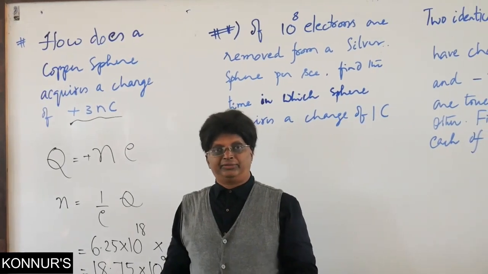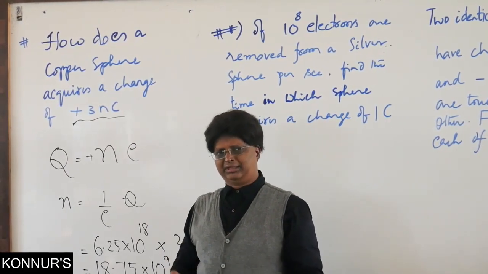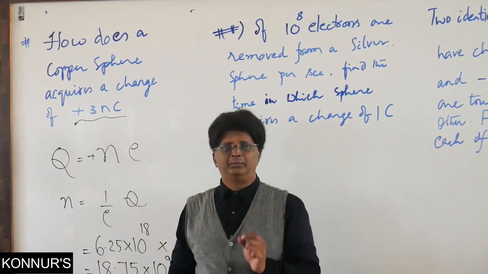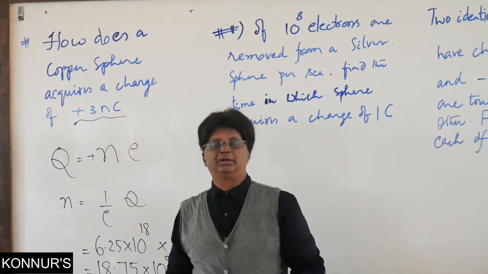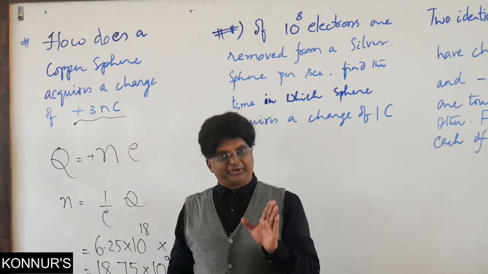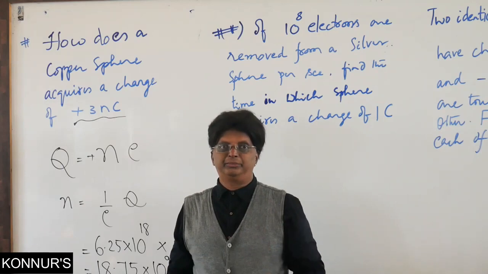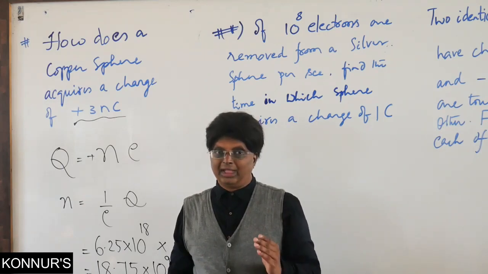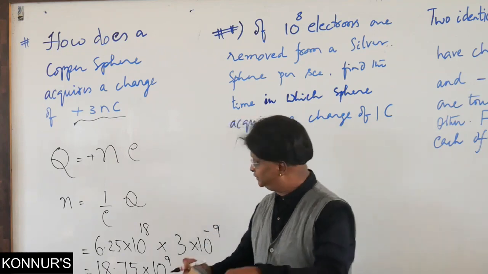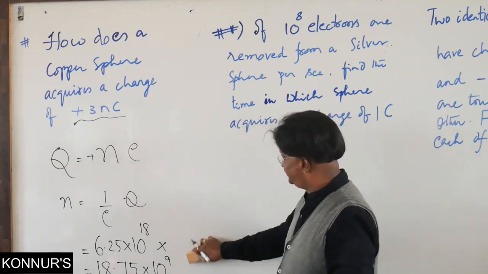Now see one more case of Q is equal to plus or minus N E. I will use it with one extra step, and in that example we can also draw an important inference from the result. What is that example?